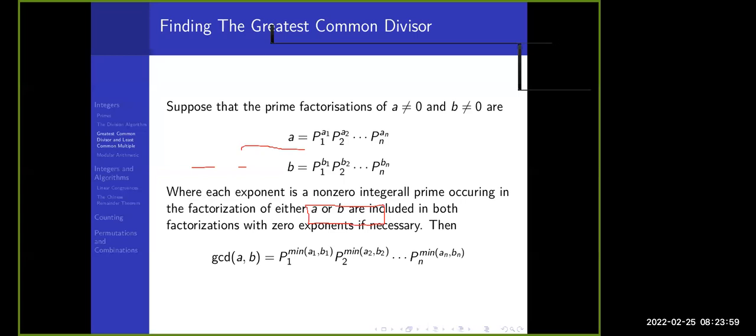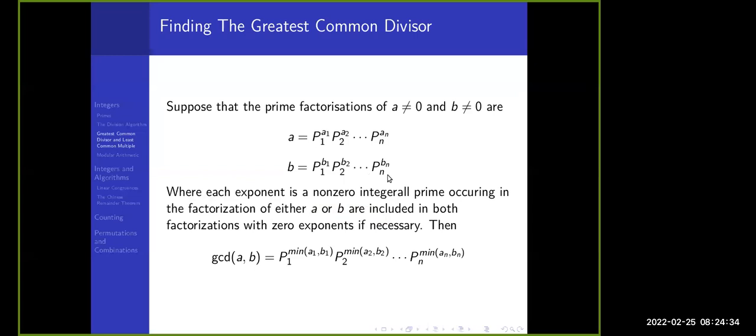So suppose that the prime factorizations of two numbers, A and B, are as follows, with the same primes in both.